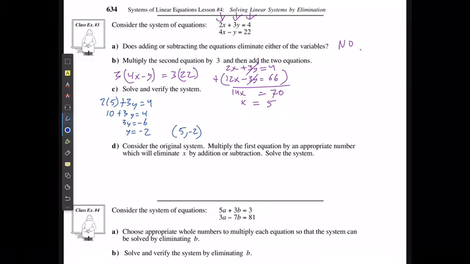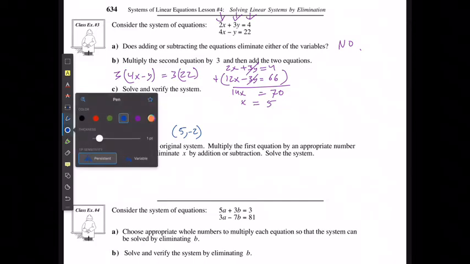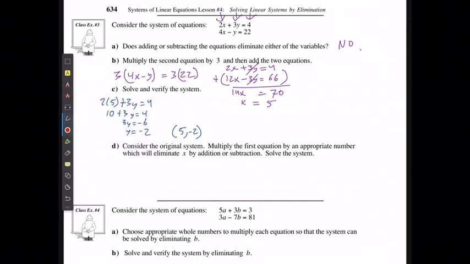And just like in all the other cases, I need to verify this. So I'm going to put it into equation 1. 2 times 5 plus 3 times negative 2 is equal to 4. 10 minus 6 is equal to 4. 4 is equal to 4, and that one works.